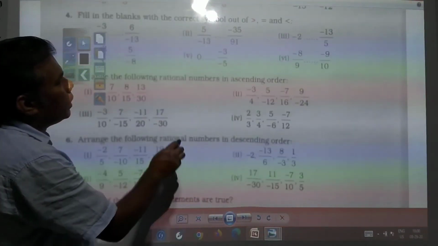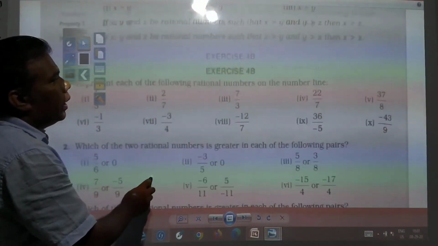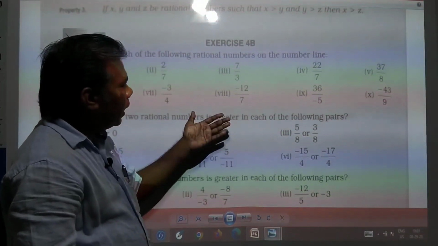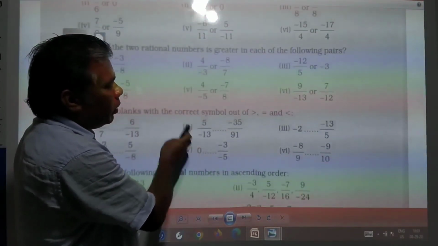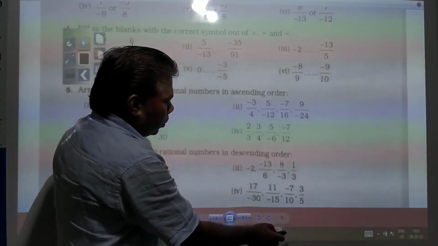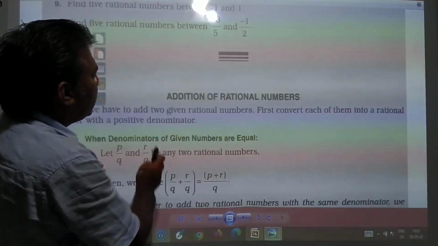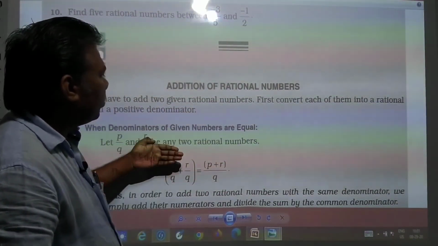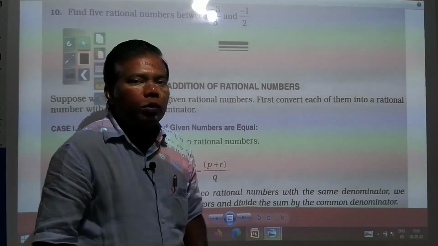Since a few questions have not been solved, you must do them by yourself, and I hope you will be able to, because in solved examples you have already seen, and even now a few questions have been solved, so you will be able to solve all these. So in this way this exercise has been completed, and for the next day you go through addition of rational numbers and come, so that you will be able to understand this in a better way. So till then, thank you.